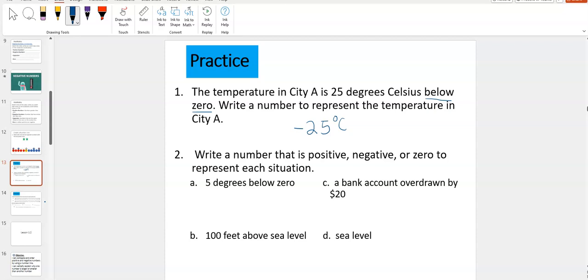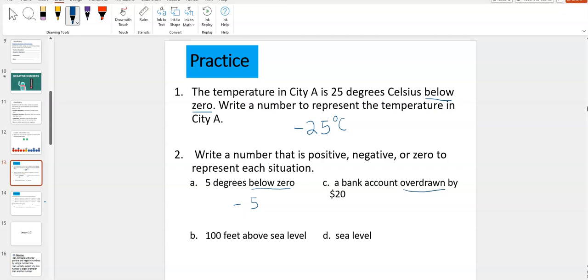So let's write some more here. So now I have 5 degrees below 0. So again, below 0, -5. What word in C, a bank account overdrawn by $20, tells me if it's positive or negative?